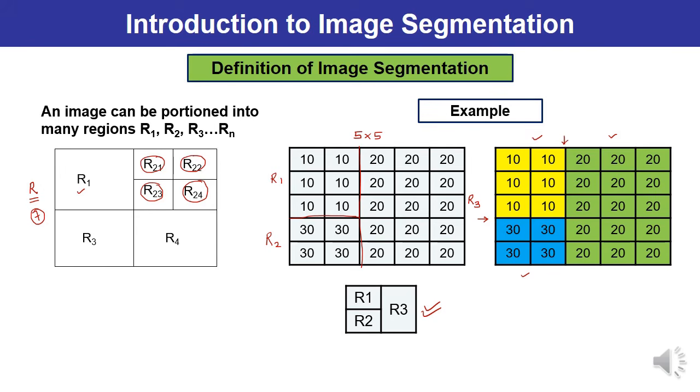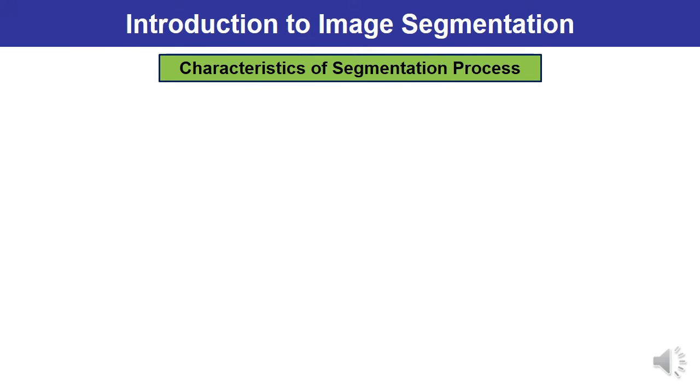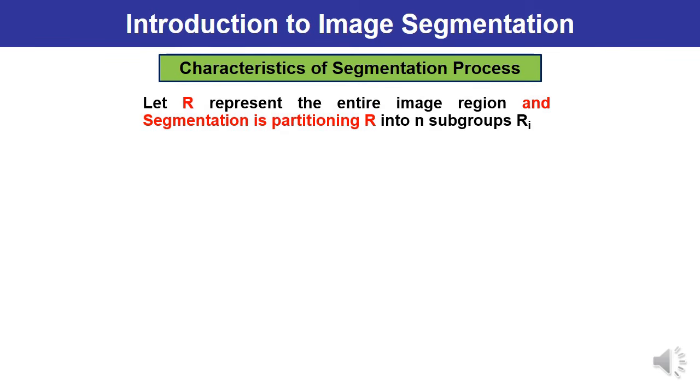Then only can the analysis be done accurately. Now some characteristics of the segmentation process. Let R represent the entire image region, and segmentation is partitioning R, the given image, into n subregions, which are denoted as Ri.